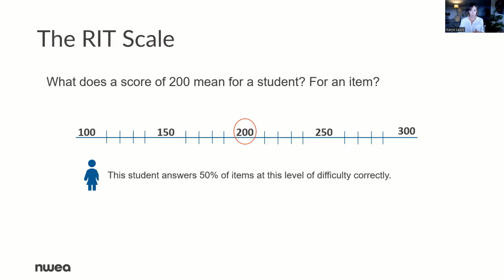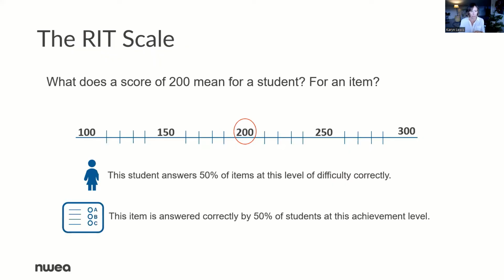And how would we interpret a score of 200 for an item? A 200 RIT score for an item tells us that this specific item is answered correctly by 50% of students at that precise achievement level. These two things are inherently tied to one another.